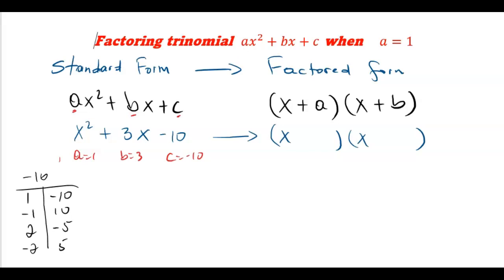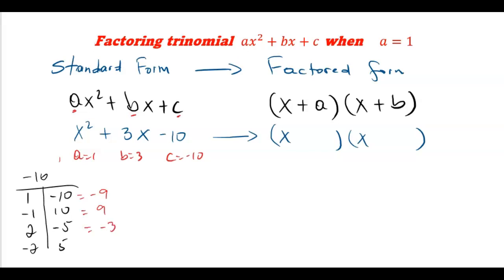Now we need to find which one in this table adds up to positive 3. Negative 1 and negative 10, if you add them together, you're getting negative 9. Negative 1 plus 10 is equal to positive 9. 2 minus 5 is equal to negative 3.